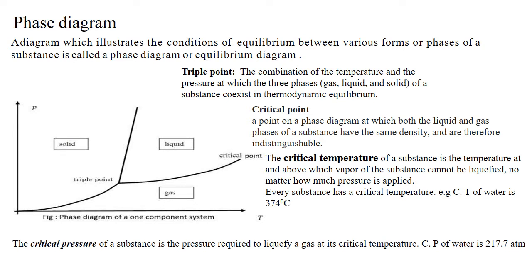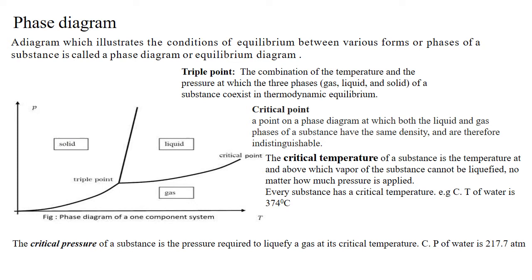A phase diagram is actually a graph which is plotted between variables of a system. Here the graph shown is drawn between pressure and temperature. Temperature is taken on the x-axis and pressure is taken on the y-axis.